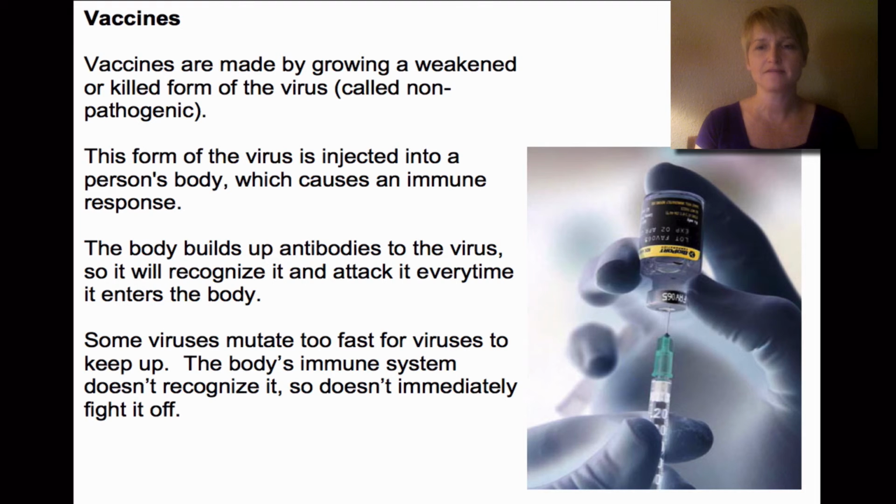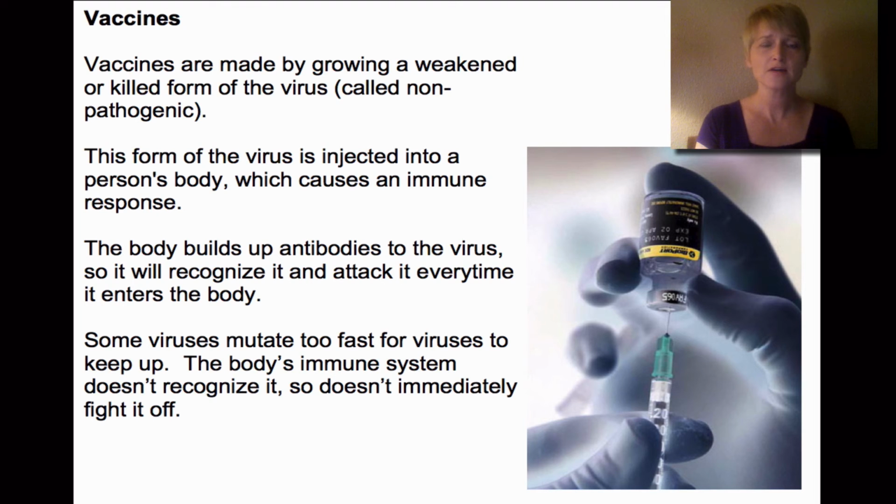It attacks that virus and builds up antibodies. Those antibodies stay within the person's body. And then anytime that virus comes into the body, the immune system says, hey, I've seen that before, kill it. The antibodies rush in and kill it right away before it can do any damage to the body.